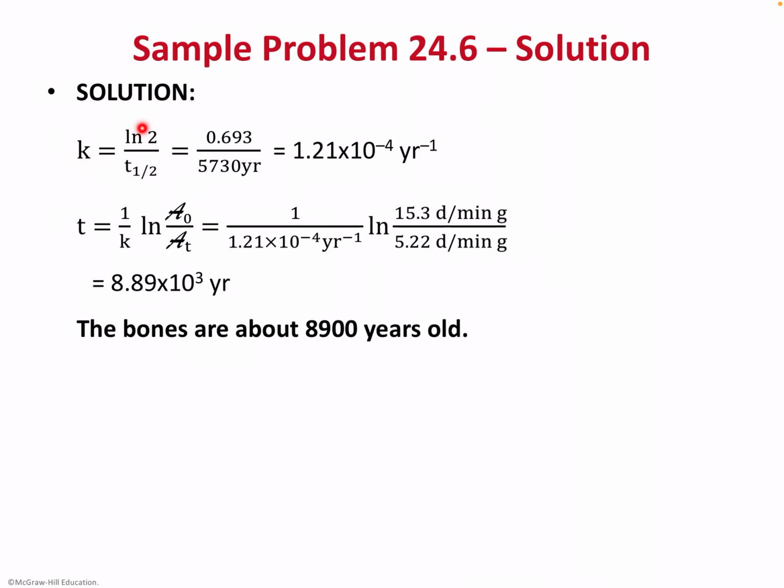See, k equals ln2 over t half. You can put ln2 into your calculator, 0.693, divided by the half-life, and we can find out the decay constant. And we use the first order kinetics that we had seen in the previous slide. Time equals 1 over k ln A naught over At.